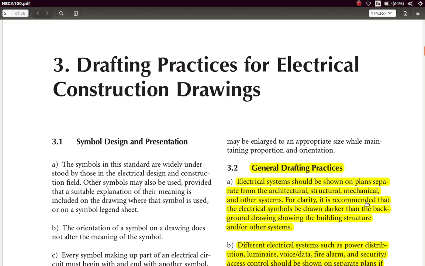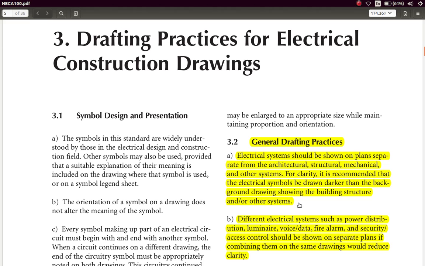For clarity, it is recommended that the electrical symbols be drawn darker than the background drawing showing the building structure and other symbols. So you should have the electrical plan being different from other plans and not superimposed on them.